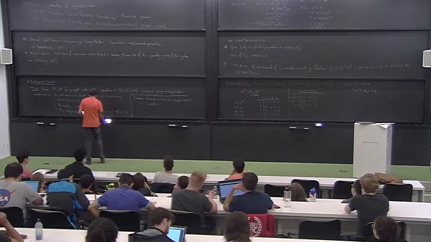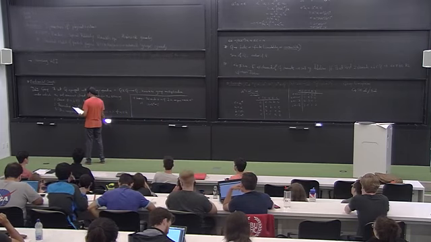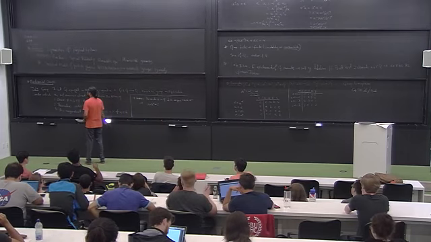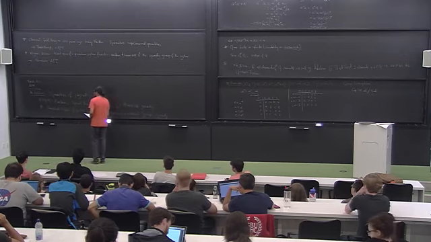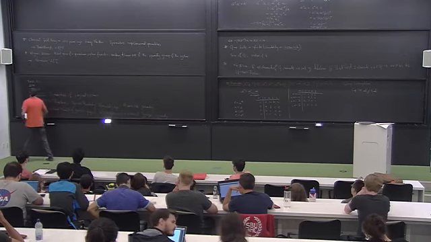Okay, so our first example of a non-abelian group.